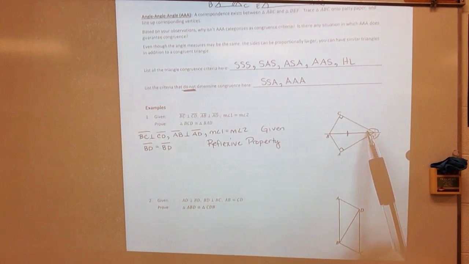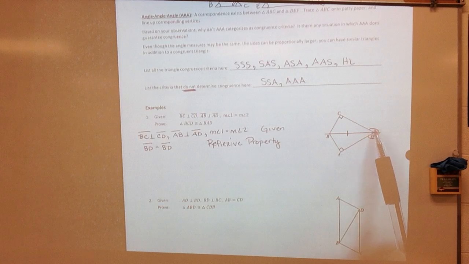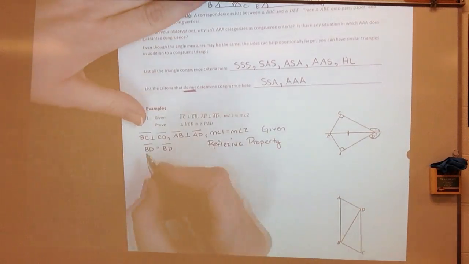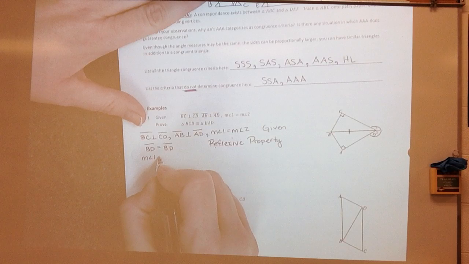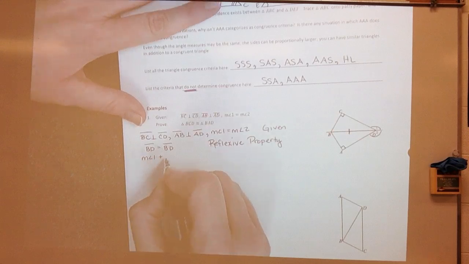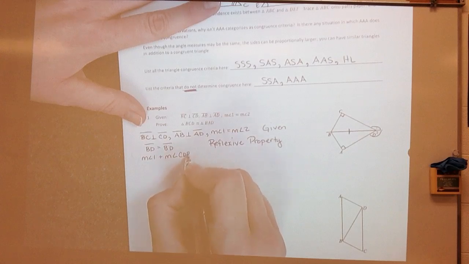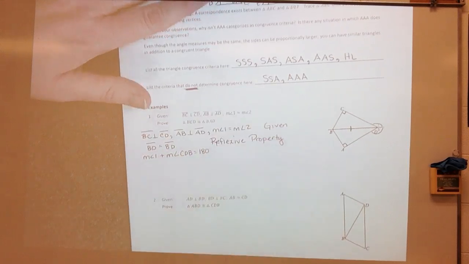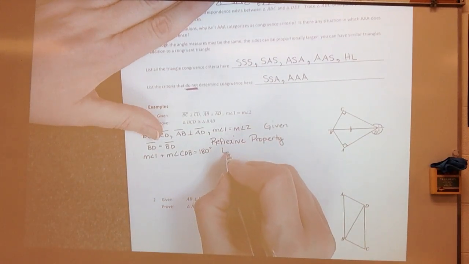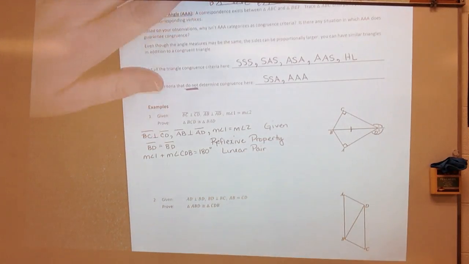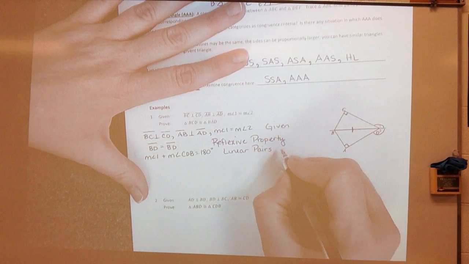I can look at the inside angle and the measure of angle 1, and they would form 180 degrees. So the measure of angle 1 plus the measure of angle CDB equals 180 degrees. And that's because linear pairs form supplementary angles.